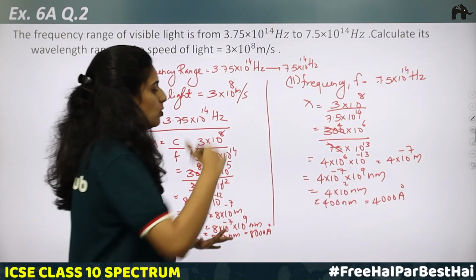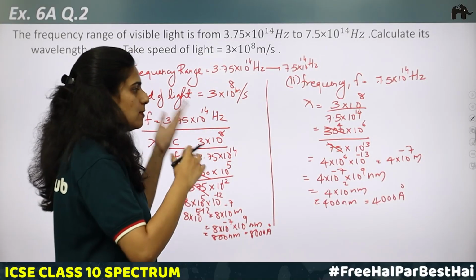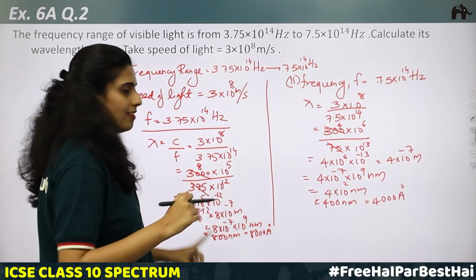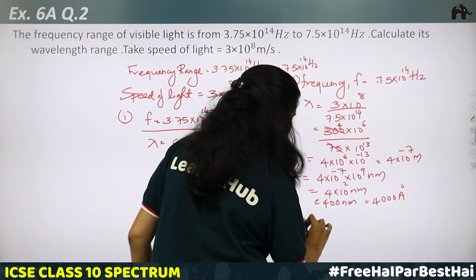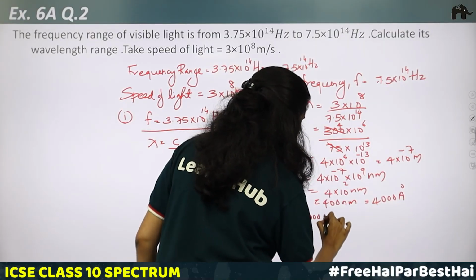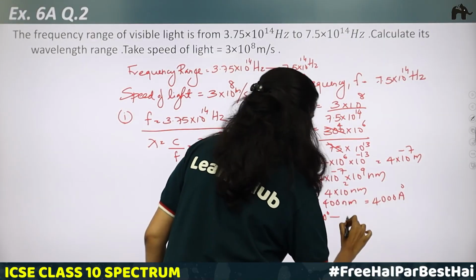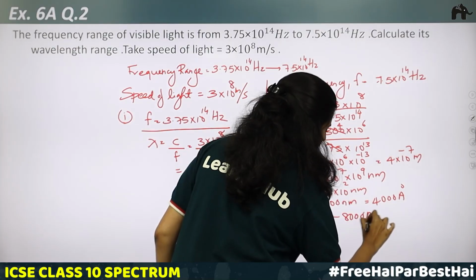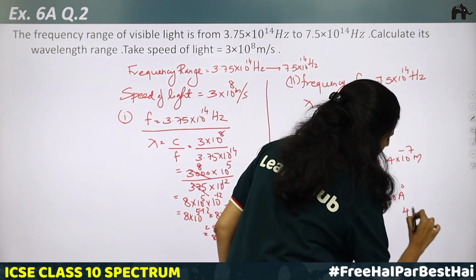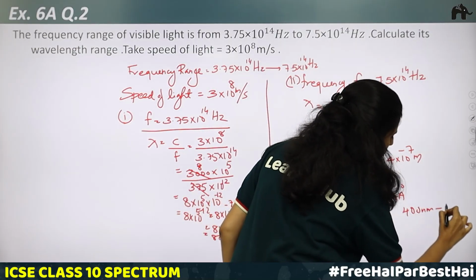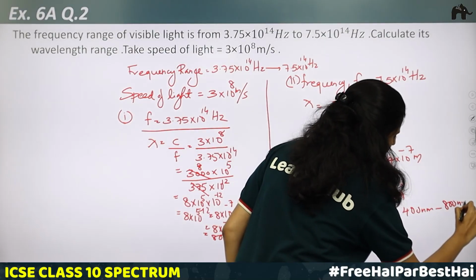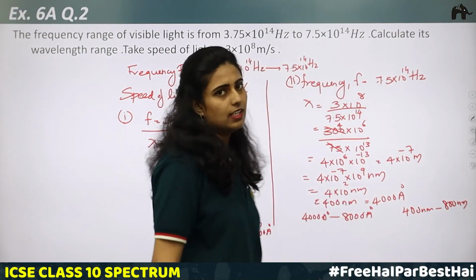We know that when frequency increases, wavelength decreases. Maximum frequency, minimum wavelength. Okay, so here the range is 4000 angstrom to 8000 angstrom or 400 nanometers to 800 nanometers. So these are the wavelength ranges.